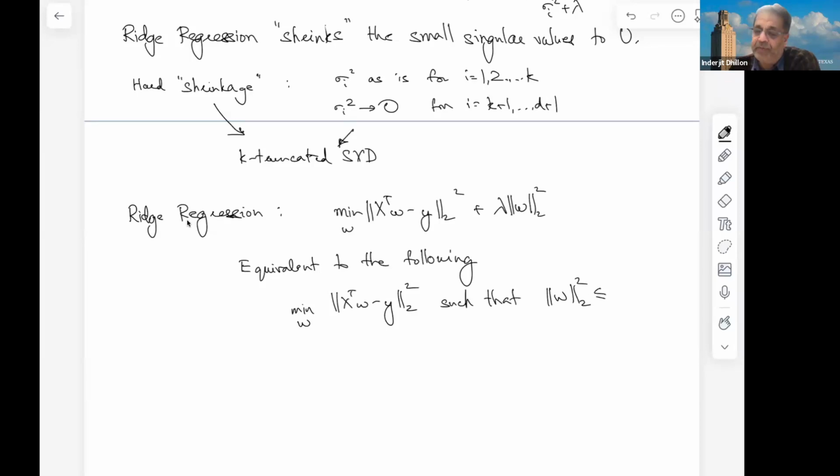So I'm actually going to put a constraint that ||w||^2 should be less than or equal to C for some C. So over here, the trade-off between regularization and fit to the data is lambda. And over here it is C. So the following is a constrained optimization problem.